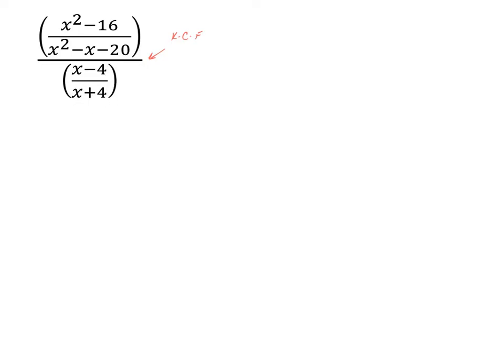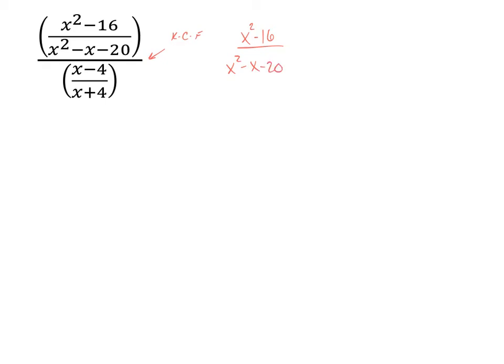But that's the same as what we call multiplying by the reciprocal, and that's the math way of saying keep, change, flip. So let's do that. I'm going to rewrite this over here as x squared minus 16 over x squared minus x minus 20.